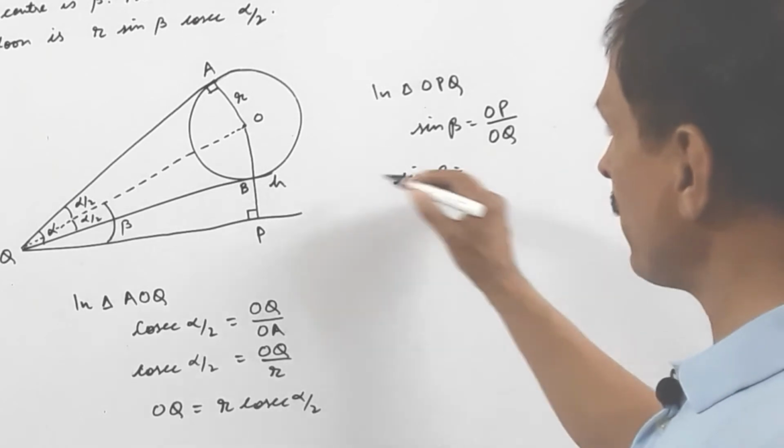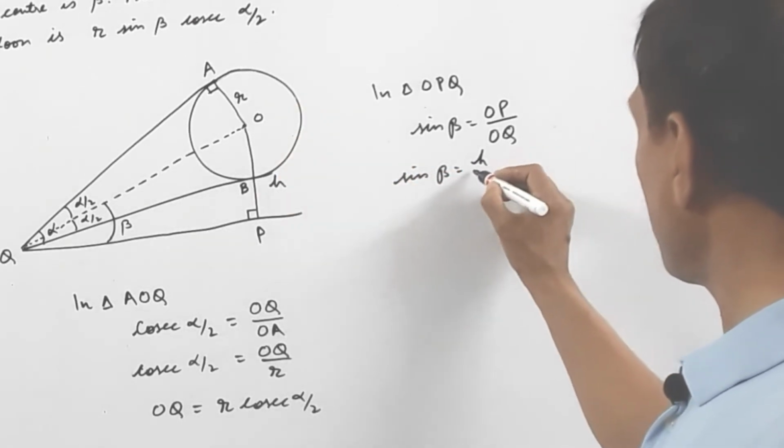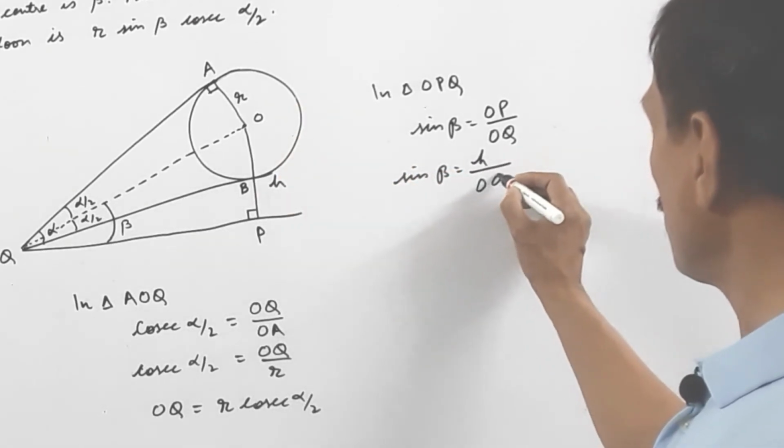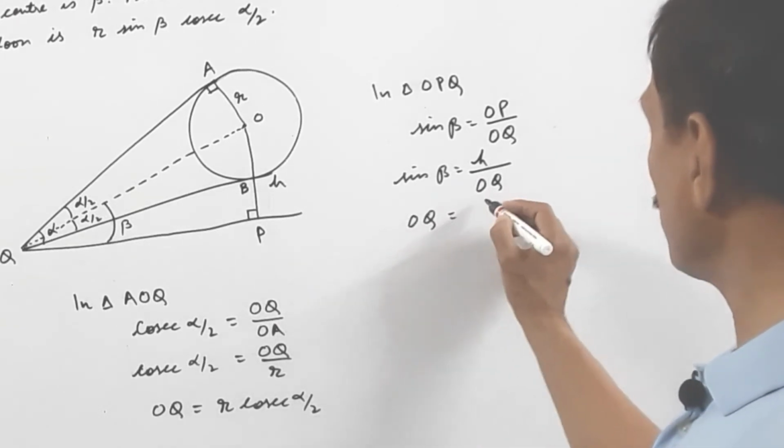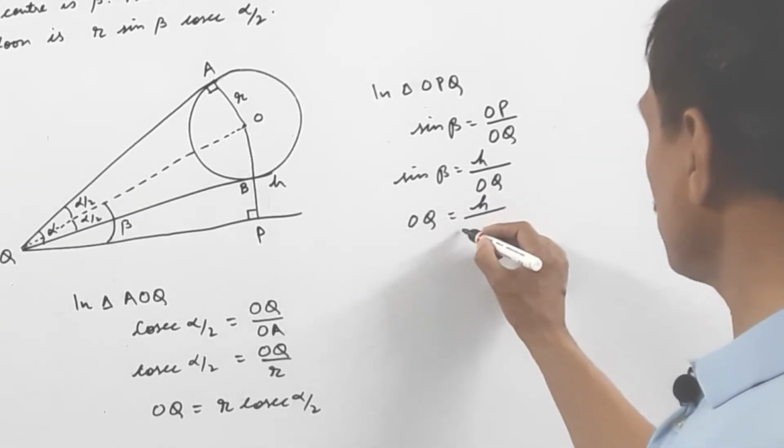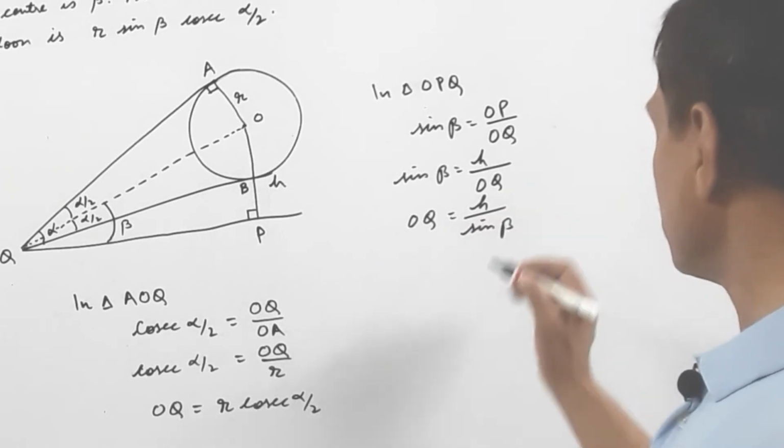Sin beta is equal to h upon OQ, and thus OQ is equal to h upon sin beta.